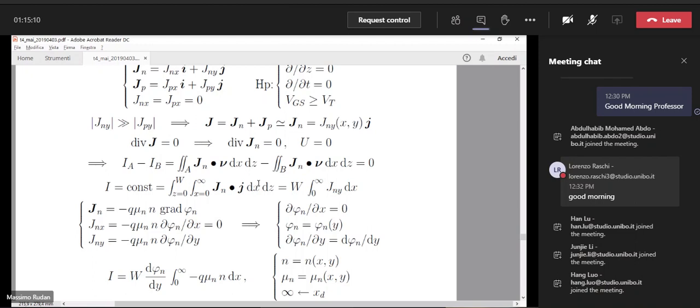In particular, z goes along the width of the channel, that is from z equal to 0 to w. x goes from the interface x equal to 0 to infinity, that is to the bulk. This is the current in the channel, and it does not change if we change the position of this integrating surface. So it is a constant everywhere in the channel.